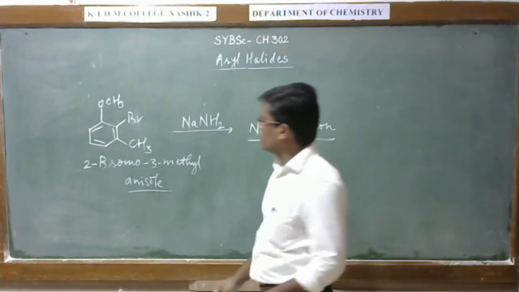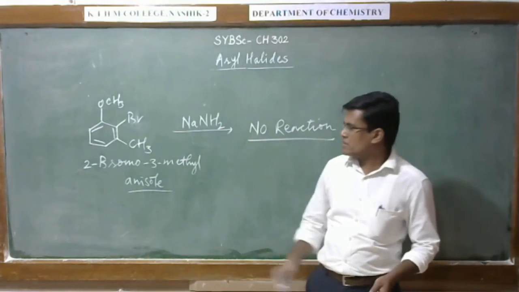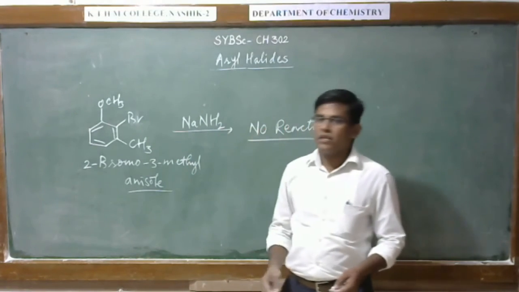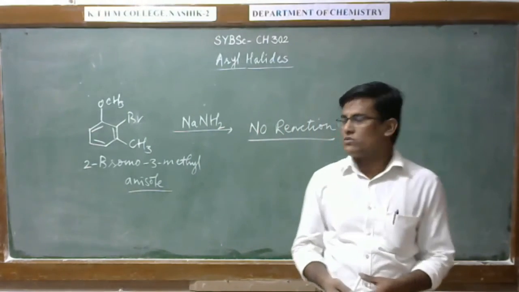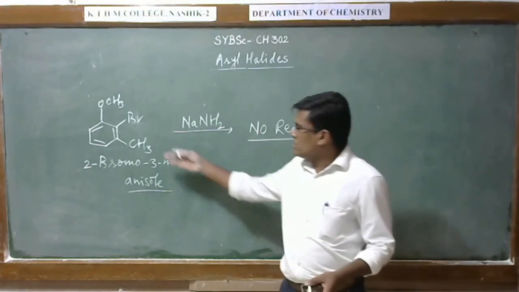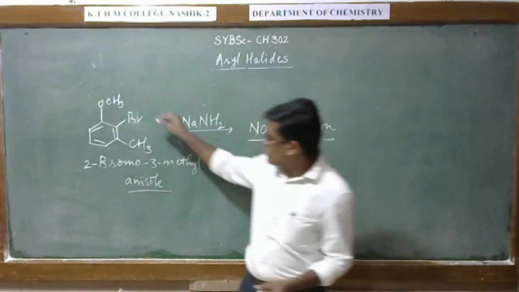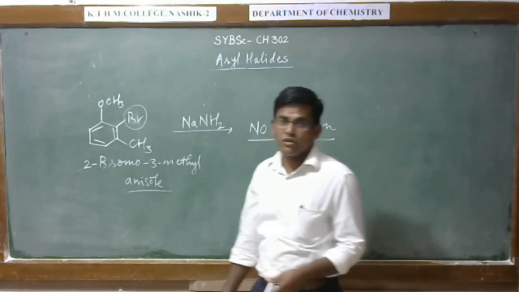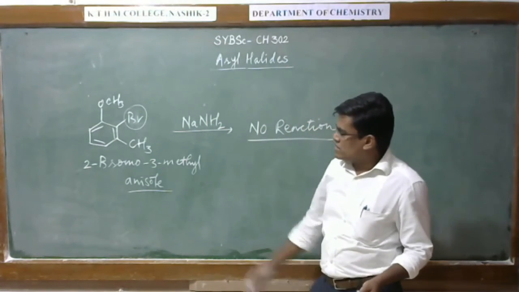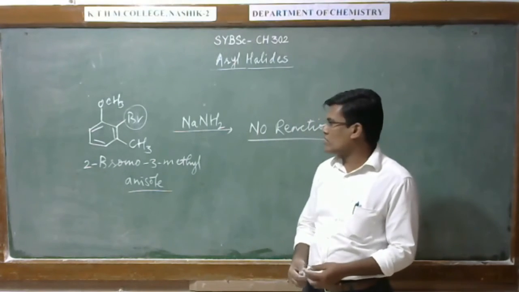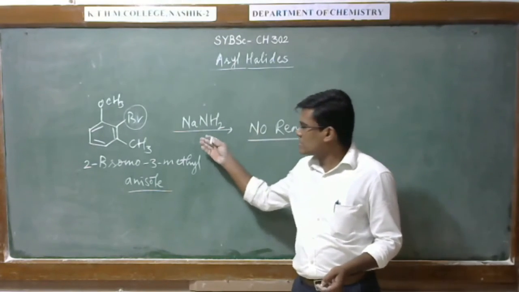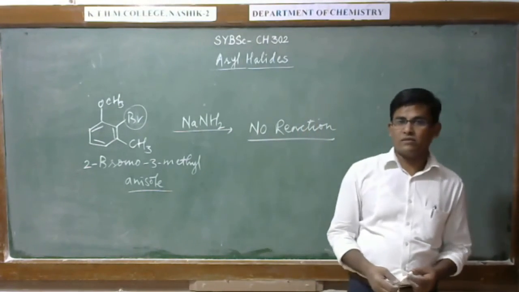Why is it so? Because in this anisole there is no ortho hydrogen to this bromo substituent. So there are no ortho hydrogens. That means benzyne will not form.